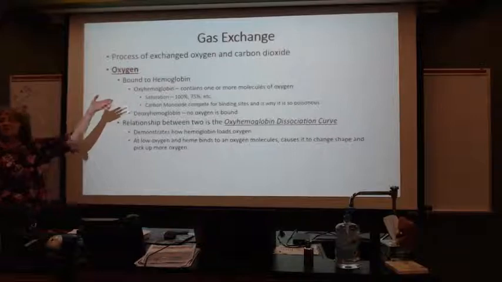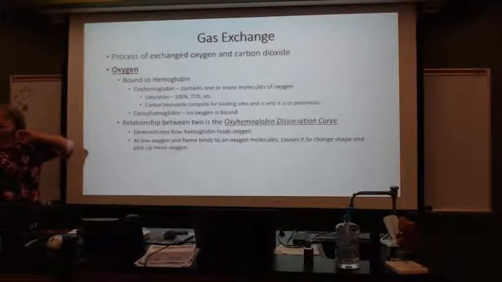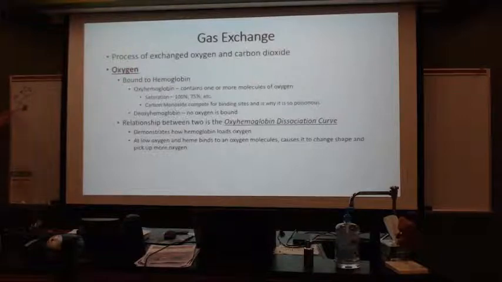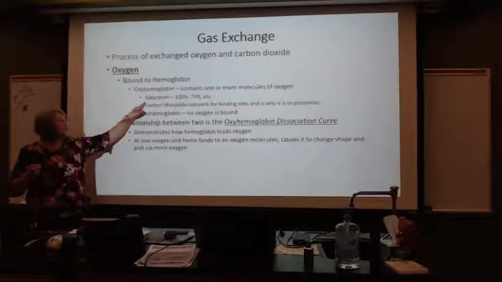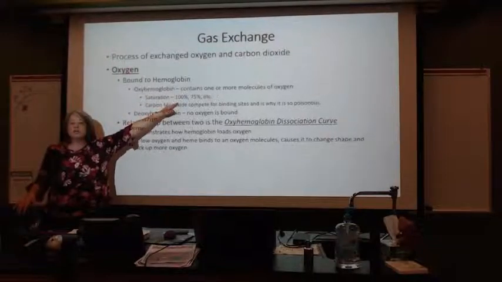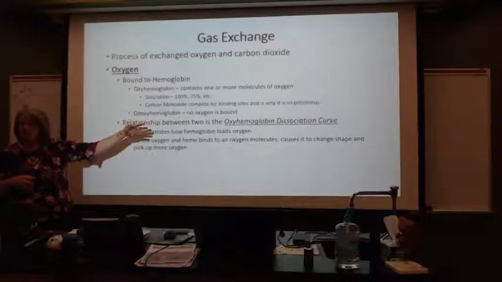So, like I was saying before, we will have 4 heme groups, because you would have 1, 2, 3, 4, because I have 4 globins. Does that make sense? If every single one of them had an oxygen bound to it, we say it would be 100% saturated, which is what we were talking about the other day.